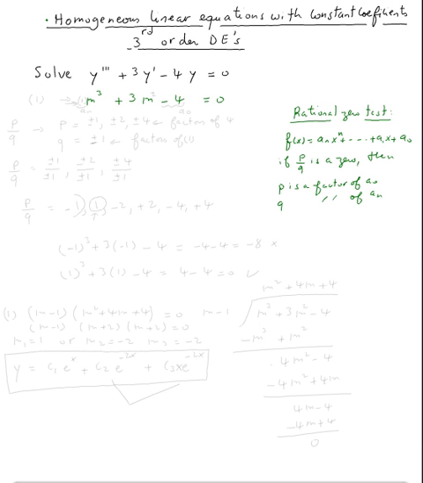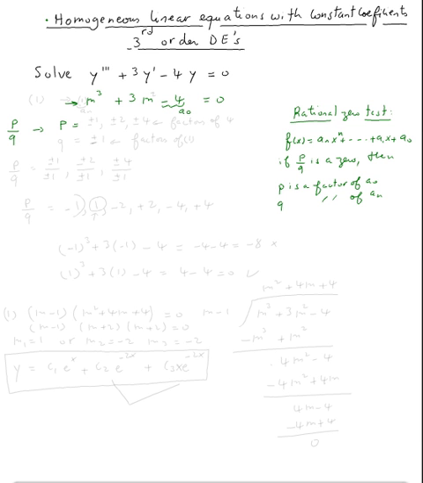So in this case, if there is any zero for this equation, and if it has the form p over q, meaning a rational zero, then p is a multiple of a_0. Remember, a_0 is negative 4.